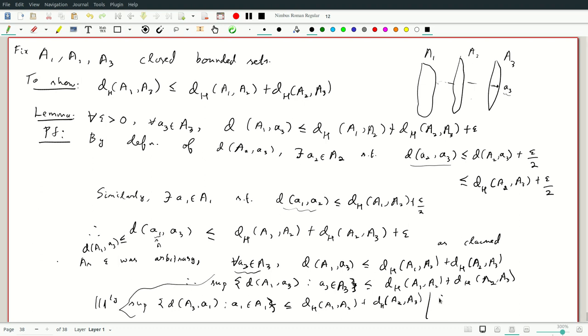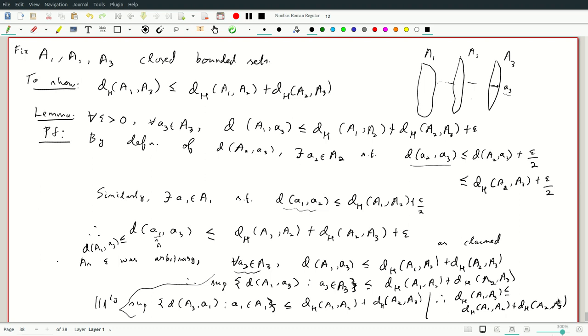Okay, so therefore, to put it in this little corner, Hausdorff distance between A1 A3 is less than or equal to Hausdorff distance between A1 A2 plus Hausdorff distance between A2 A3.